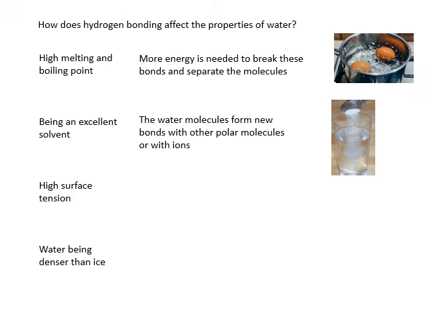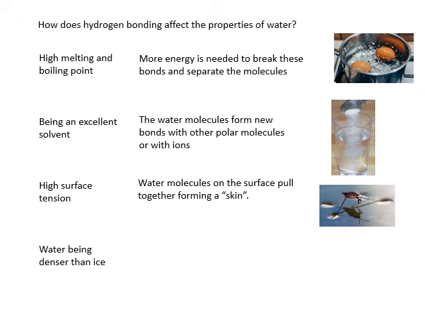Imagine it's sodium chloride: the water molecules will bond to the sodium ions and the chloride ions and break them up and take them away, breaking down your big giant lattice of positive and negative ions. So the water molecules form new bonds with other polar molecules or with ions, and that makes water a very, very good solvent.